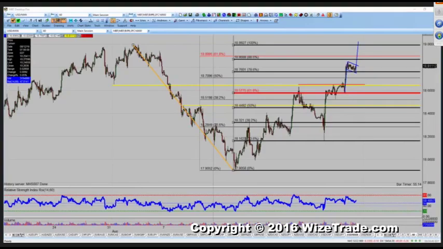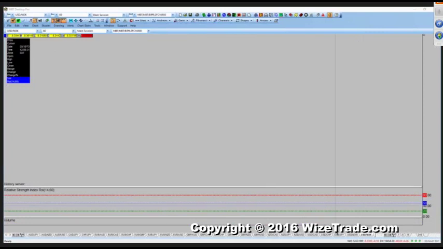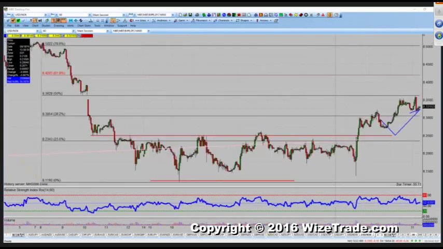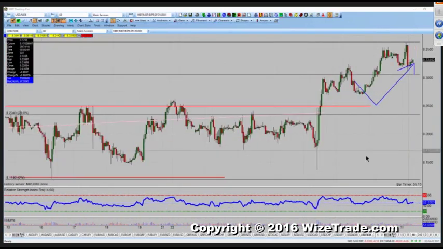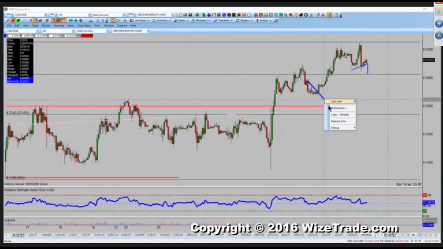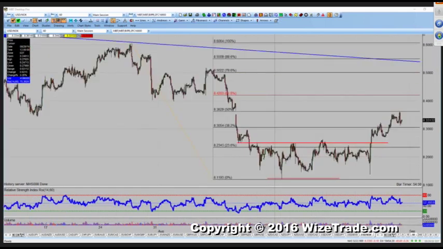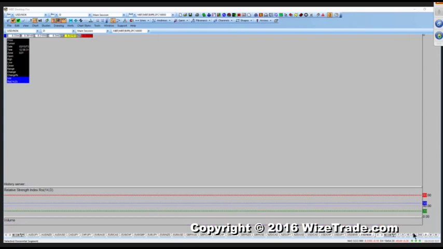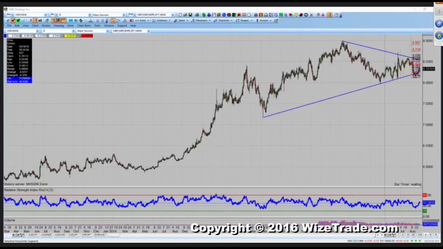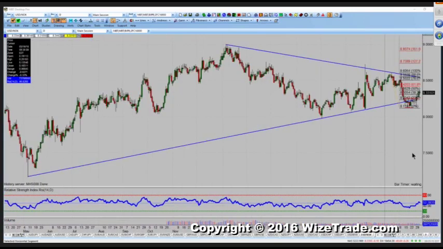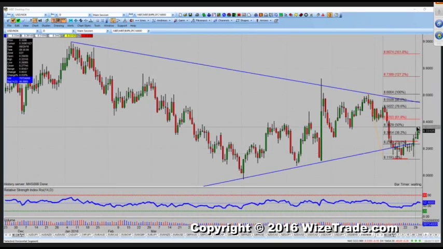Okay. US dollar, Norwegian krona. All right, so let's remove that. Again, I lost all my drawings from yesterday, so I have to kind of reset myself where we're at. So the US dollar, Norwegian krona, I think it caught a lot of people on the short side on this false breakdown over here. We've rallied back to the 50% retracement.